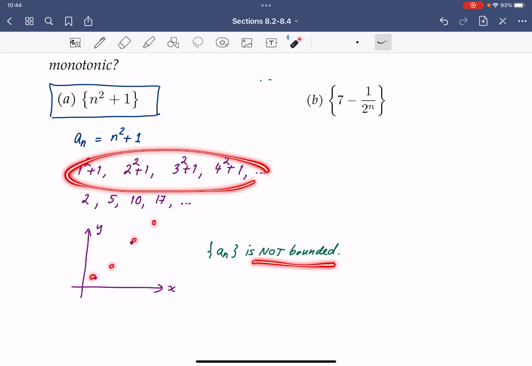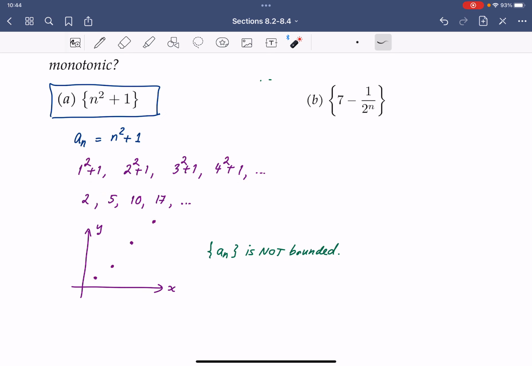You can see by the pattern that n squared plus 1 is going to go up. But a_n here is monotonic because it keeps going up. By looking at the formula, n squared plus 1 is going to go up.